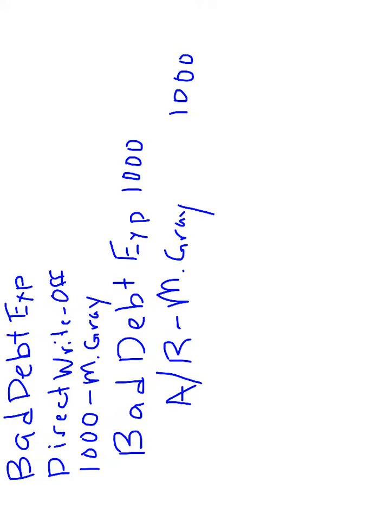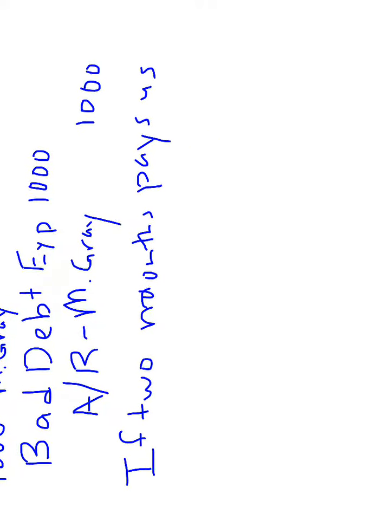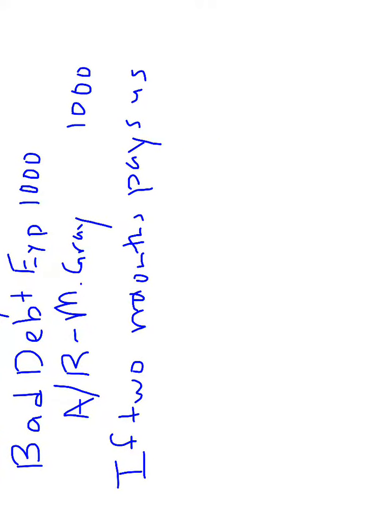The other thing we have to look at with direct write-off is what happens if, 2 months later, she pays us? What do we have to do? Well, we would have to go back in and reverse the entry that we had already made.